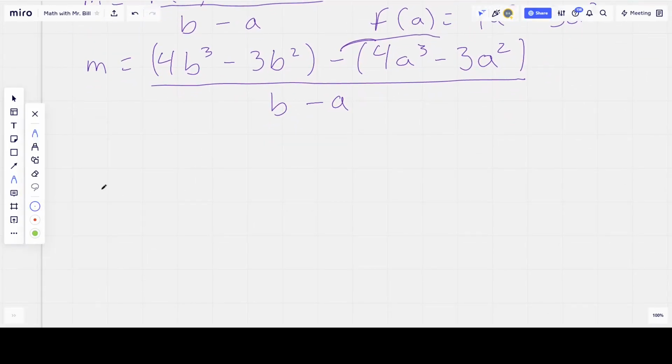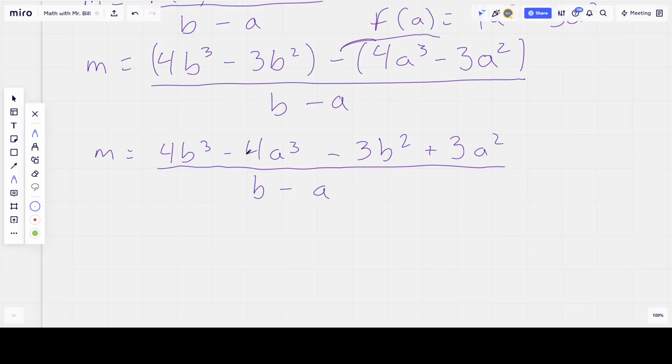So I get m equals 4b cubed minus 4a cubed minus 3b squared plus 3a squared all over b minus a.